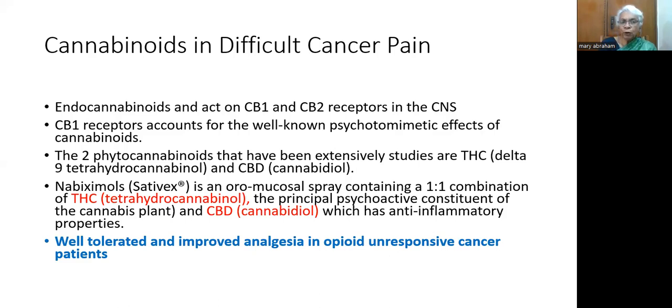Now, nabiximols or Sativex is an oromucosal spray containing a 1:1 combination of THC and CBD. THC, remember, is the principal psychoactive constituent of the cannabis plant, and CBD has anti-inflammatory properties. This has been shown to be well tolerated with improved analgesia in opioid unresponsive cancer patients. Okay. Next, please.